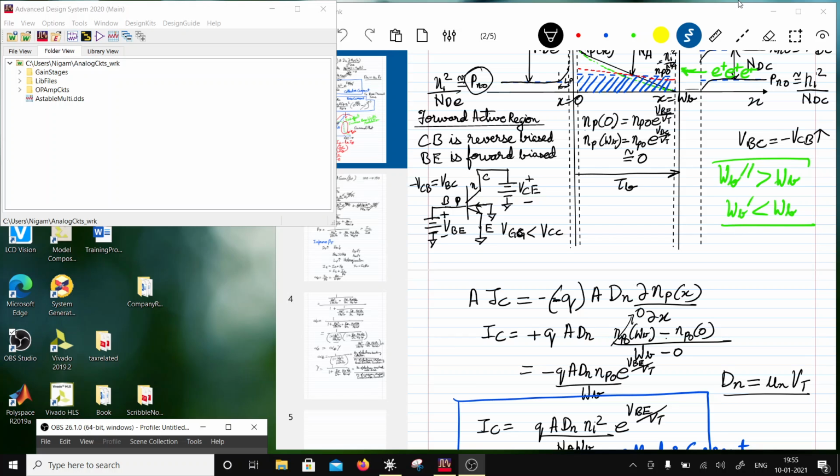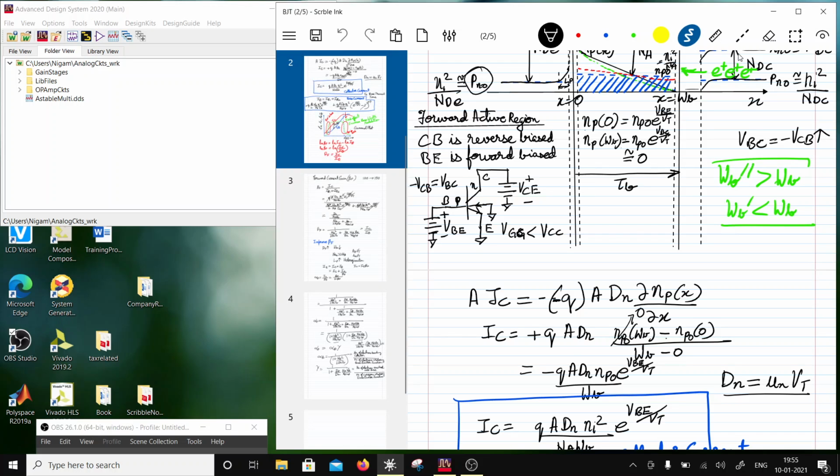My name is Anurag Nigam and I'm going to continue first with a correction. This is a serious correction. This was a mistake, my confusion, and I apologize. What happened was I mentioned something called tau b, and this tau b is not the base transit time. In session 16 I was saying that this was the base transit time.